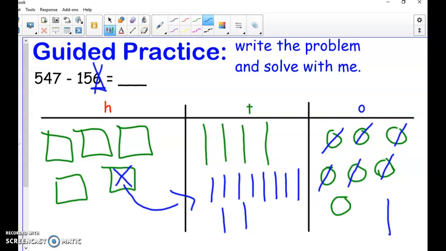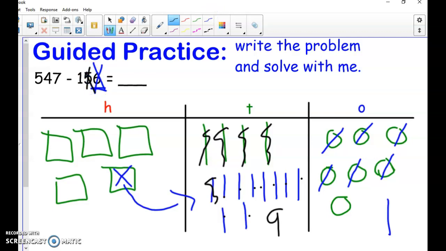Now I can subtract 5. 1, 2, 3, 4, and 5. And I'm left with 9 tens.